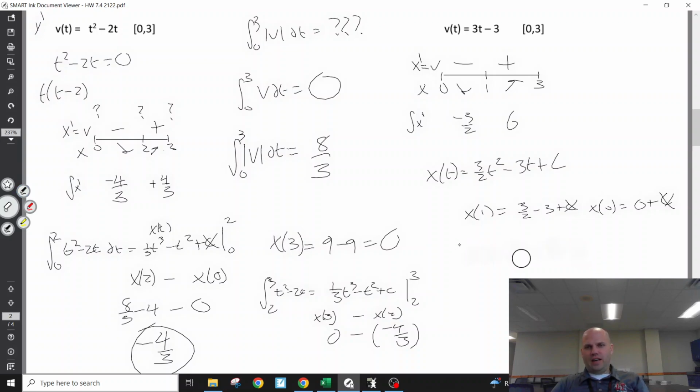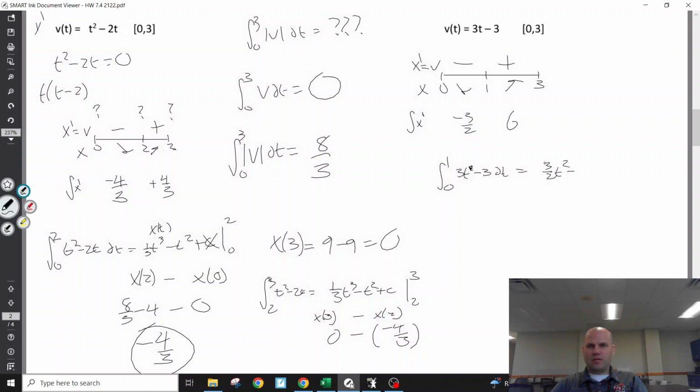I don't like doing that. I'm better at doing the traditional method, which is showing the work. Find the area under 3t minus 3 from 0 to 1. I will take the antiderivative, plug in 1, plug in 0. 3/2 minus 3 minus 0, the c will cancel. That's negative 3/2.